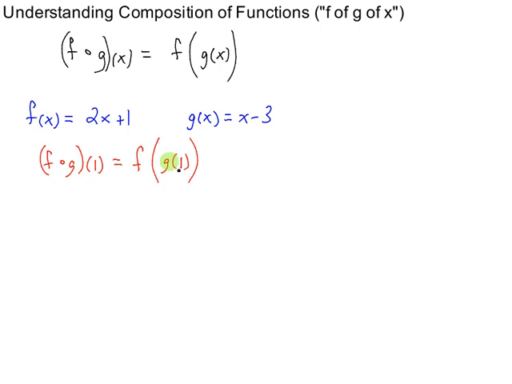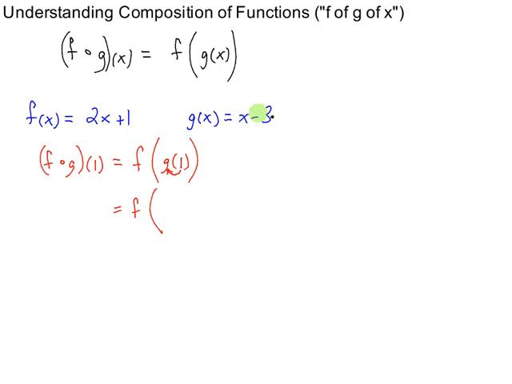So f of g of 1 is literally f of g of 1. And I always write the 1 inside smaller so that I understand this whole thing is the input to my f function. Okay? So if I want to know f of g of 1, I first have to input 1 to g. So I go find my g function, and I input a 1. Every place there's an x, every place there's an input. So this is the same thing as f of g of 1.